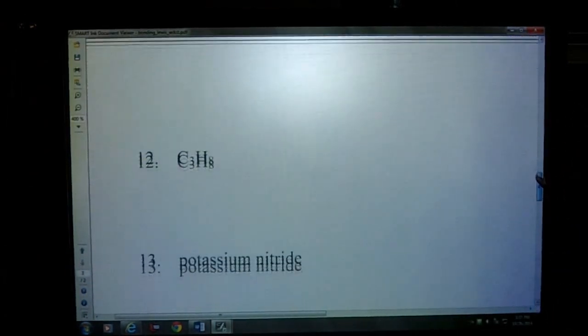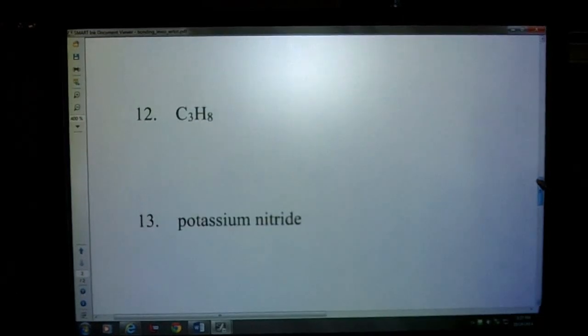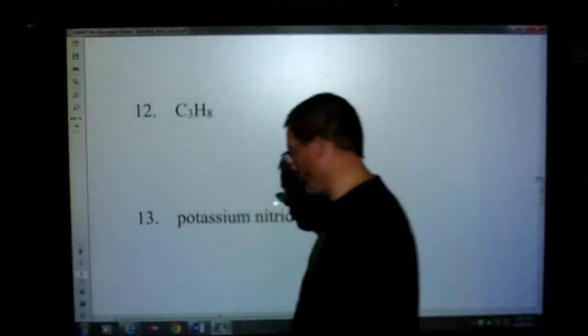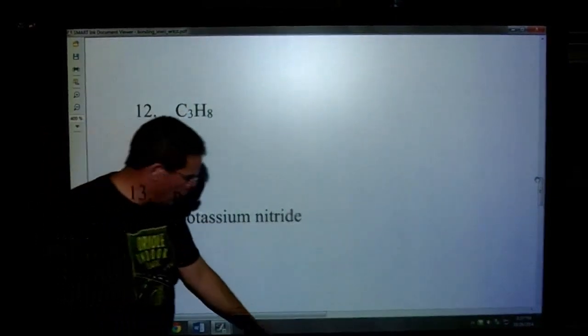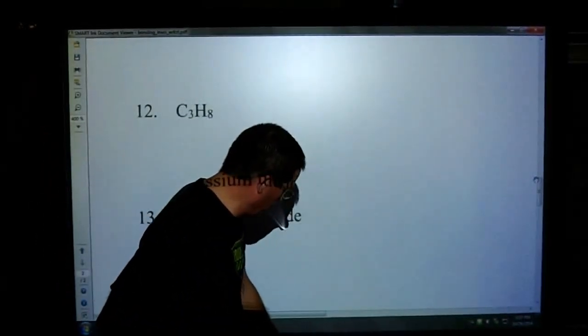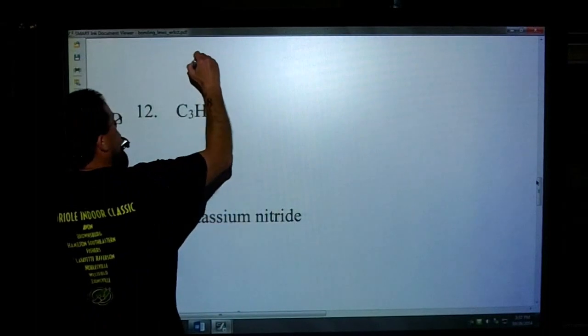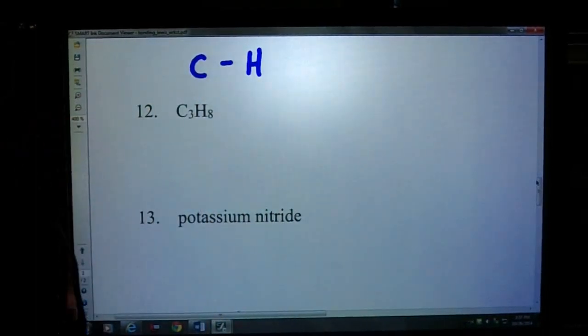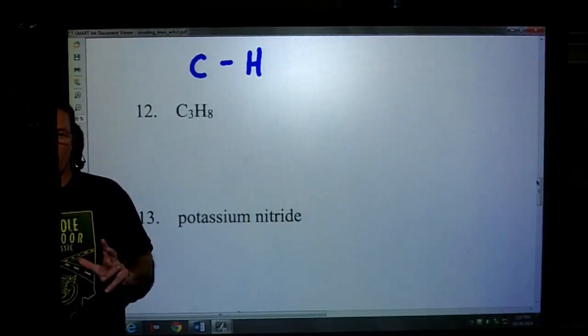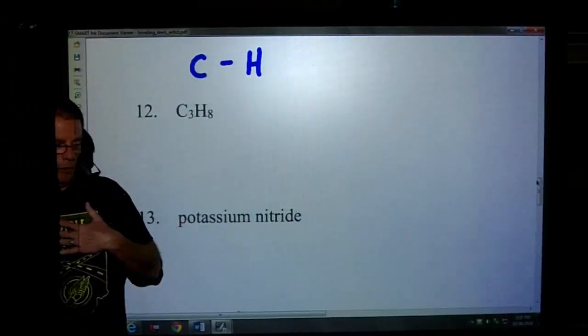All right, number 12, C3H8. Okay, here we have a multiple carbon situation. So again, what we're looking for first off is the difference in the electronegativities. So between a carbon and a hydrogen, and I'm not going to worry about the differences between the carbons and carbons. When we get in AP Chem, we'll talk about that.